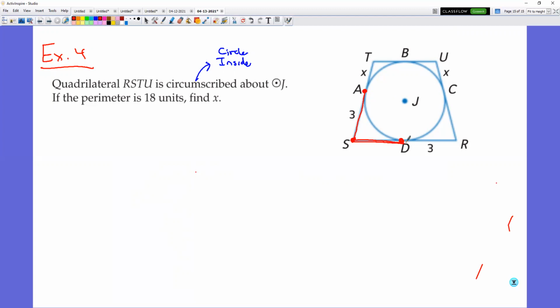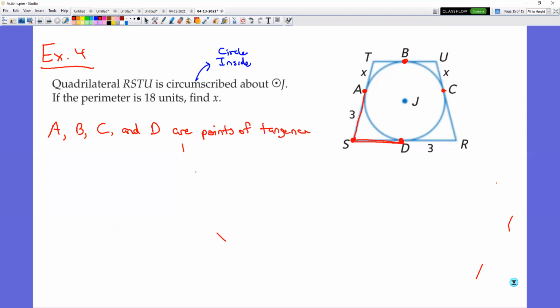By the way, I have not really mentioned this yet in this lesson, but every time a segment touches a point on the circle, like S to A, and here's B, touching the circle once, and C, make sure you write this down: A, B, C, and D are what we call points of tangency.